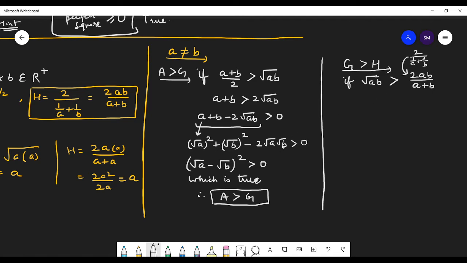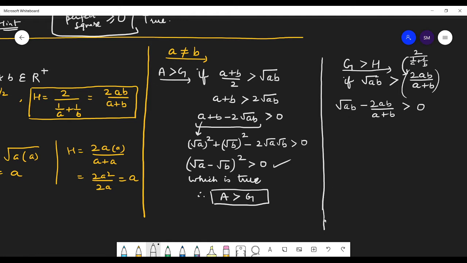Now students, again you need to make the same thing: 0 on one side and a perfect square on the other side. So 0 on one side. It's so easy. Take this whole expression this side. So minus 2ab upon a plus b, and that is greater than 0. Now how can you make this a perfect square?